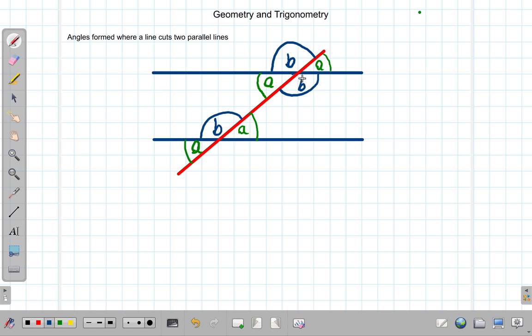It's vertically opposite to that one. And what about the other angle that is equal to that angle? You have another angle B, which is right here, right? So you have those angles, all of those angles there. Angle A is equal, angle B is equal, right?